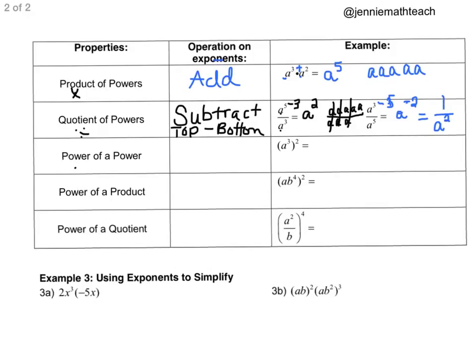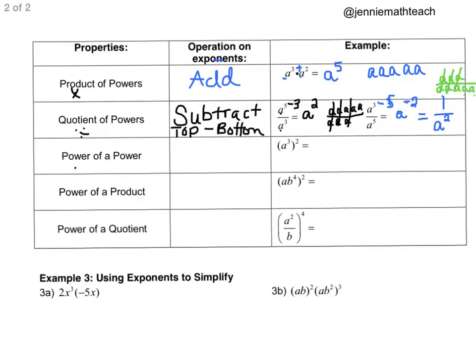How does that work out? Well, if we write 3 a's on top and 5 a's underneath, and start canceling the same thing on top and bottom, look, we have 2 a's left and they're underneath the fraction bar. So that's why it's a squared, and then you just fill in the 1 on top.